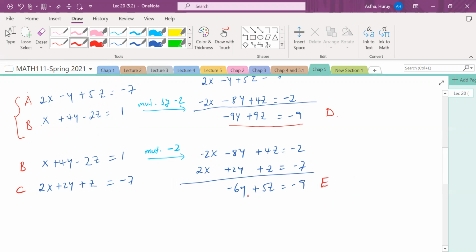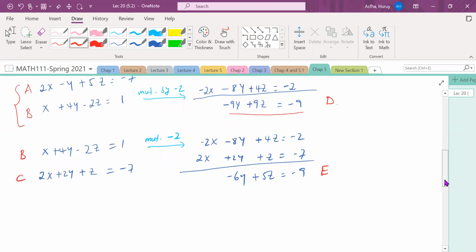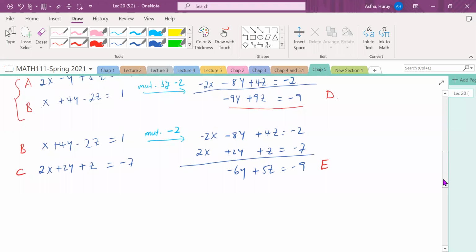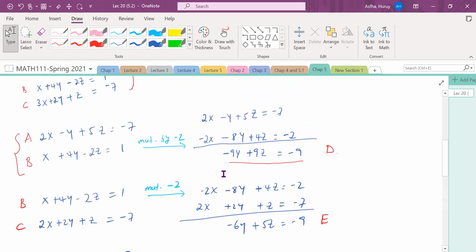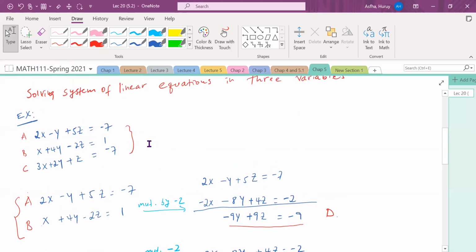E. Now, if we look at D and E, these two are equations of two variables, and both have the same variables. So I will write them here. Equation D is -9y plus 9z equals -9, and equation E is -6y plus 5z equals -9.